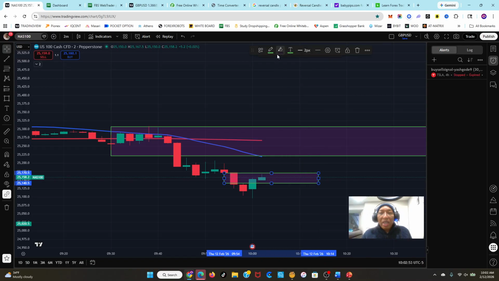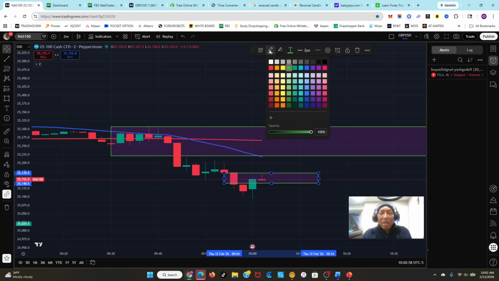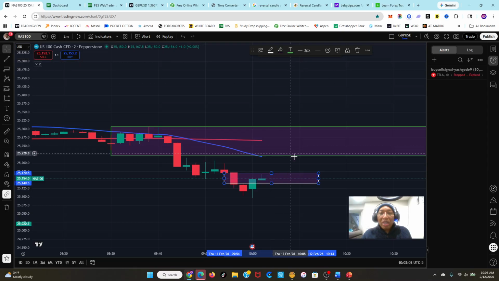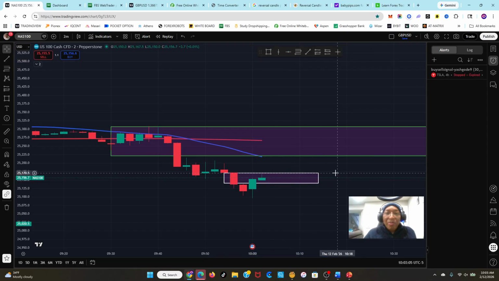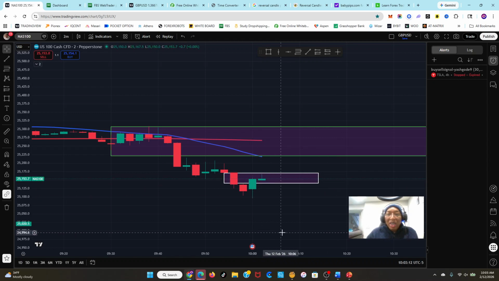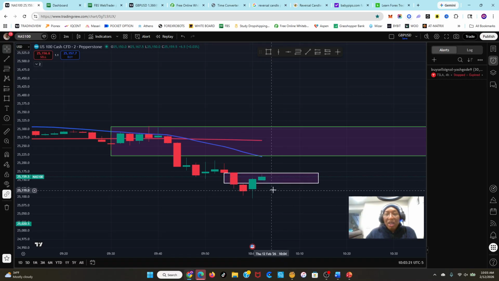I don't know if I can color this separately. I can give it a different color. Give it white. Okay, so that's our fair value gap. So we would like it to come, retest the gap, and then when it starts going down, we can enter the trade right here.